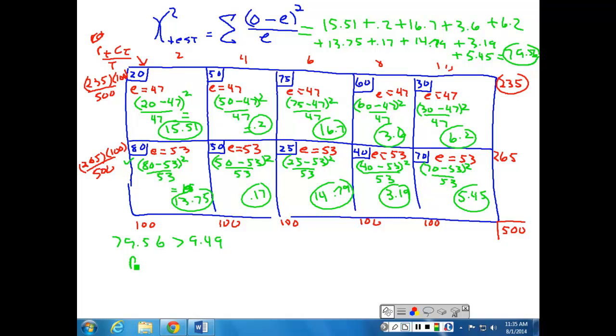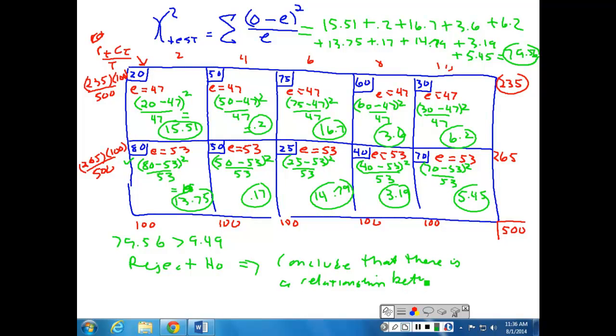So we reject H0 and conclude that there is a relationship between group size and conformity.